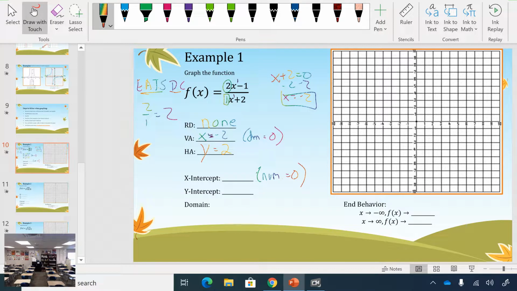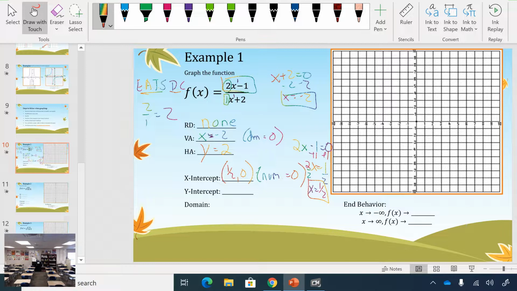So we have 2x minus 1 equals 0. Then we would want to add 1, so 2x equals 1, divide by 2, so x equals 1/2. So your X-intercept would be where the x value is 1/2, and if it's an intercept, then the y has got to be 0.